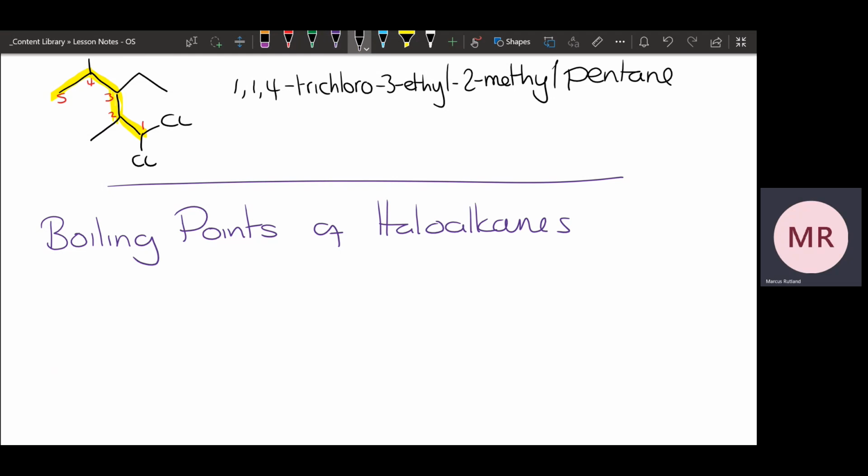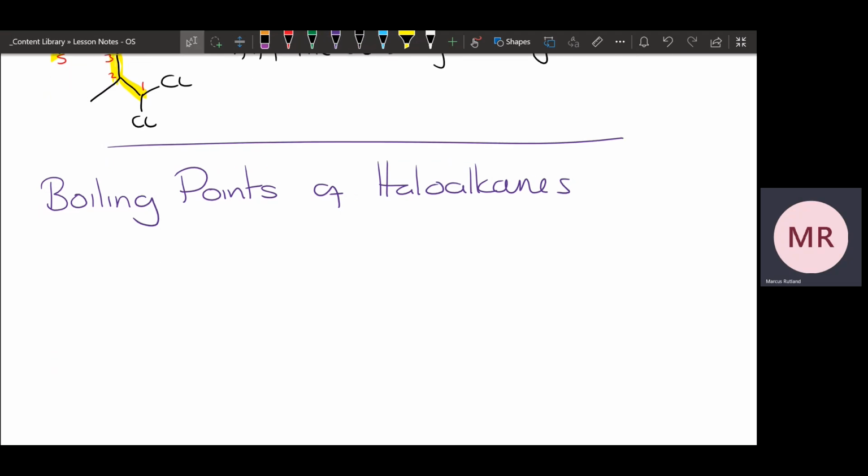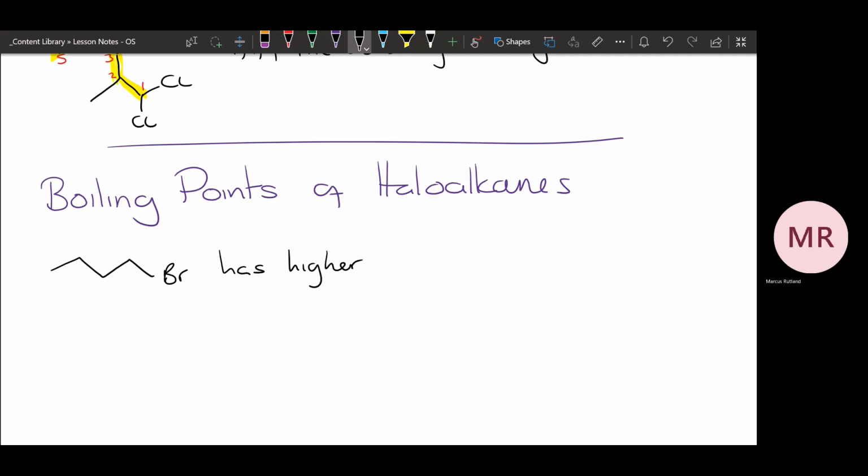And so what you're supposed to know is that if you stick a halogen on an alkane, so let's say you've put a bromine on, this has a higher boiling point than if it didn't have the halogen on. So just the 4-carbon chain without the bromine, so higher boiling point than that.